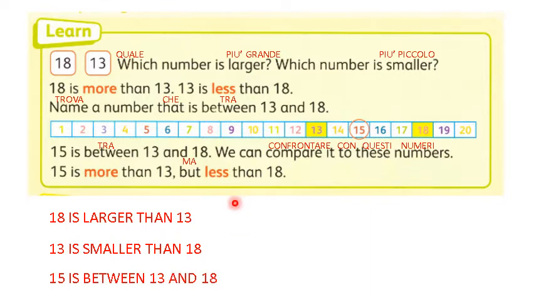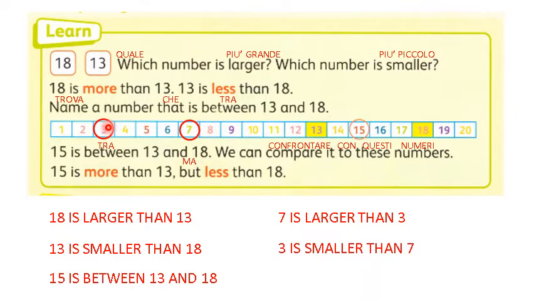Let's take a look at another example. 3 and 7. Which is larger? Which is smaller? 7 is larger than 3. 3 is smaller than 7.